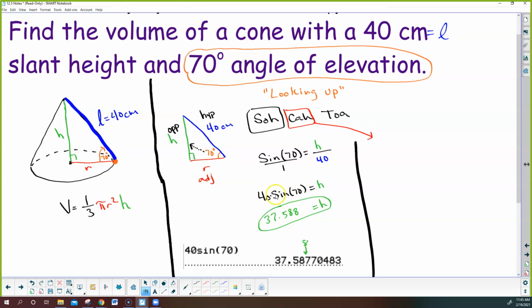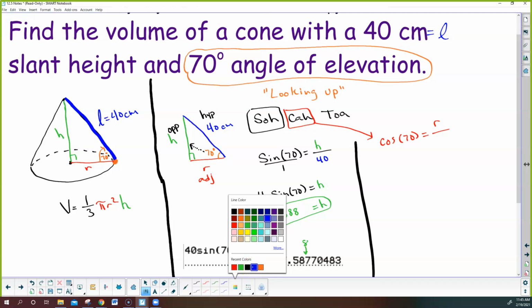I mean, I am, but if I make an error in the h value to find this side, I don't want to use that to find the adjacent because then I know this is wrong as well, and that just will provide double errors. So anyways, we want to do the cosine of 70 degrees is equal to the adjacent side that we called r over hypotenuse, which was 40.